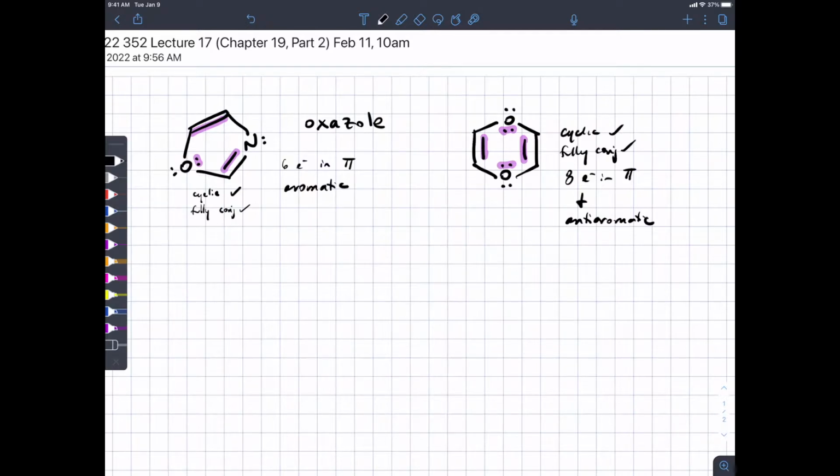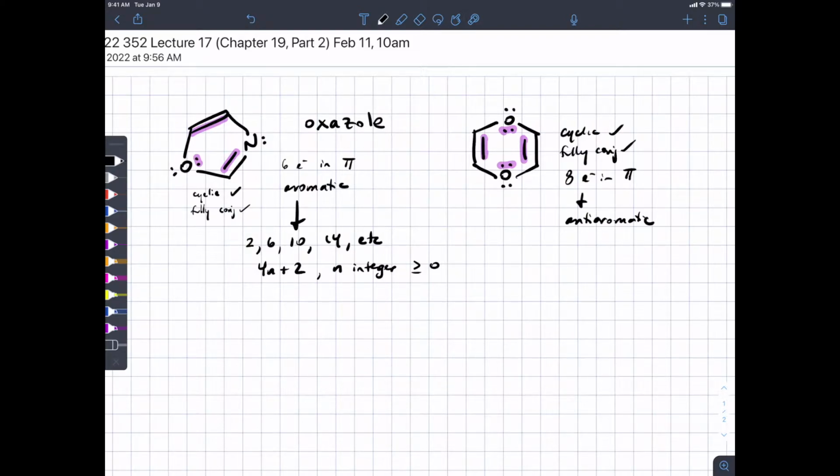I will just point out that the allowed number, and this is a repeat from last time, of electrons in aromatic molecules is 2, 6, 10, 14, etc., defined by the series 4n plus 2, where n is just an integer greater than or equal to 0.